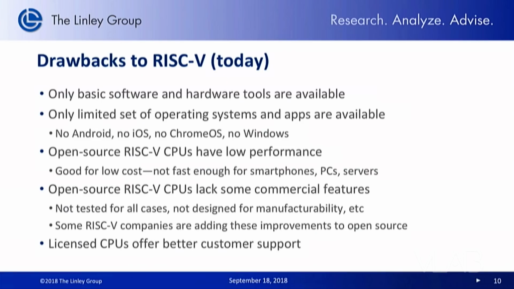The open source cores available today are pretty low performance, so they're only good for some lower end tasks, not so much for smartphones or PCs yet. And some of these open source CPUs don't have all the same features that a commercial design would have, particularly things like manufacturability and testability, which may not be baked into some of these CPUs.